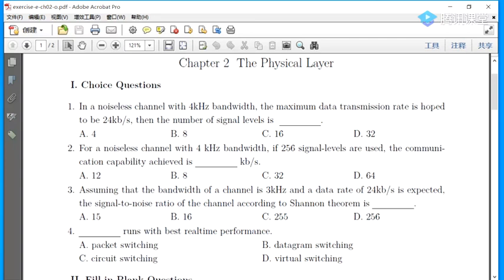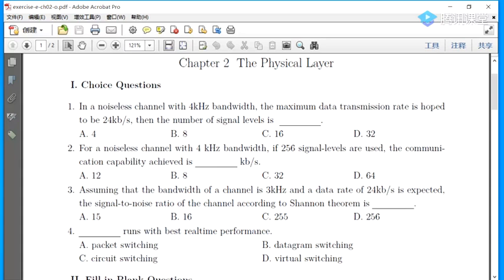In the noiseless channel with 4 kilohertz bandwidth, the maximum data transmission rate is hoped to be 24 kilobit per second. Then the number of signal levels is what? Which one?